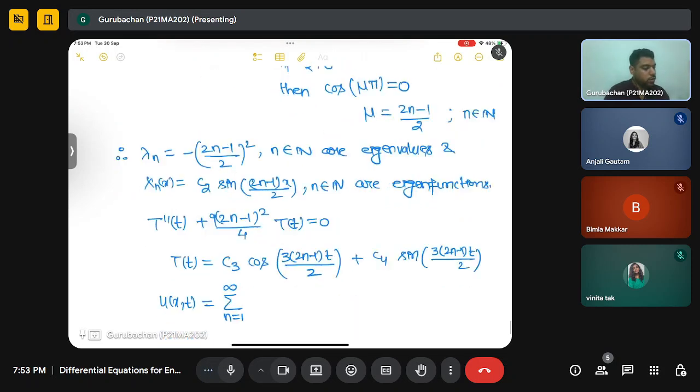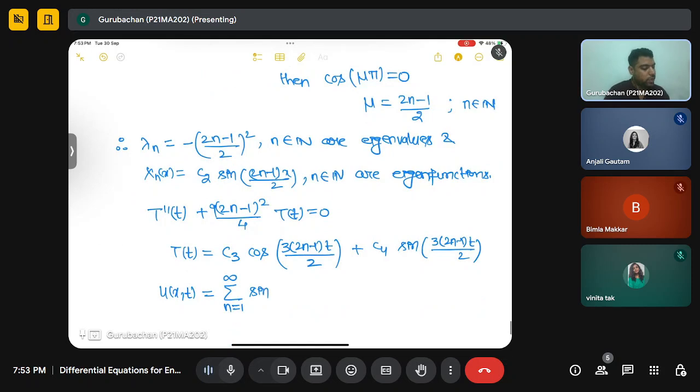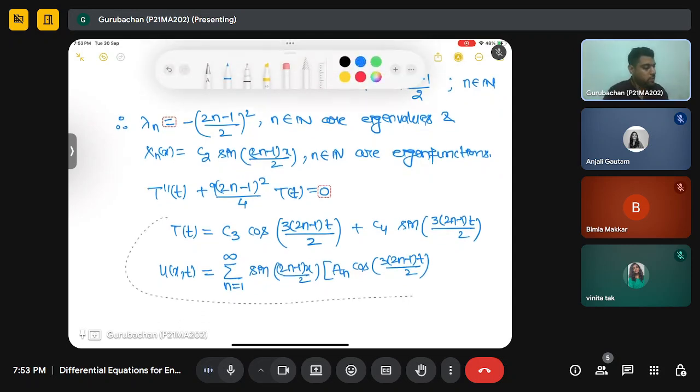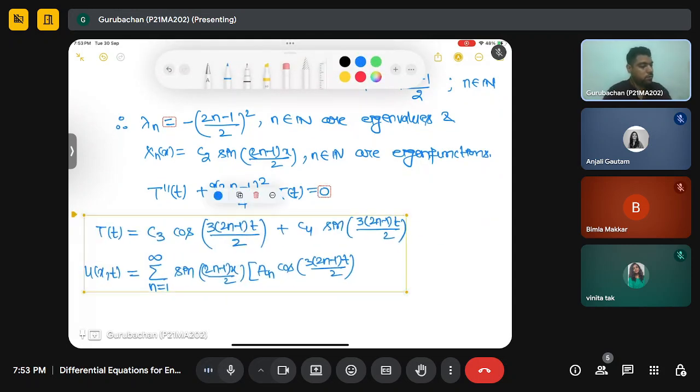Since it was a sine function, it will be sine (2n minus 1)x by 2, times a_n cos(3(2n minus 1)t by 2), plus b_n sin(3(2n minus 1)t by 2), after a little rearrangement.